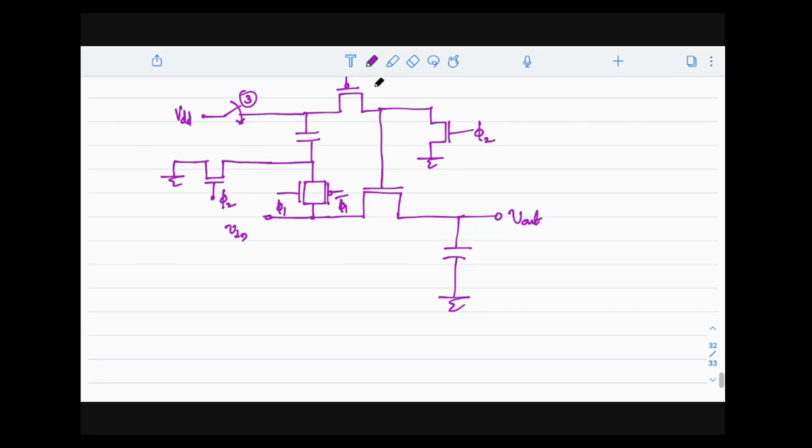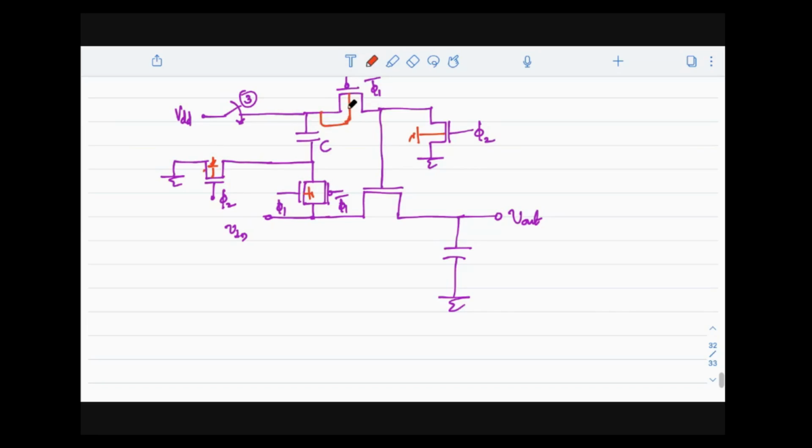The gate of this is connected to phi 1 bar, and we have switch number 3 here, and this is capacitor C. If you look at the substrate connections, all these are ground, and the PMOS should be connected appropriately as we have made the connection here. So this is connected to this point.